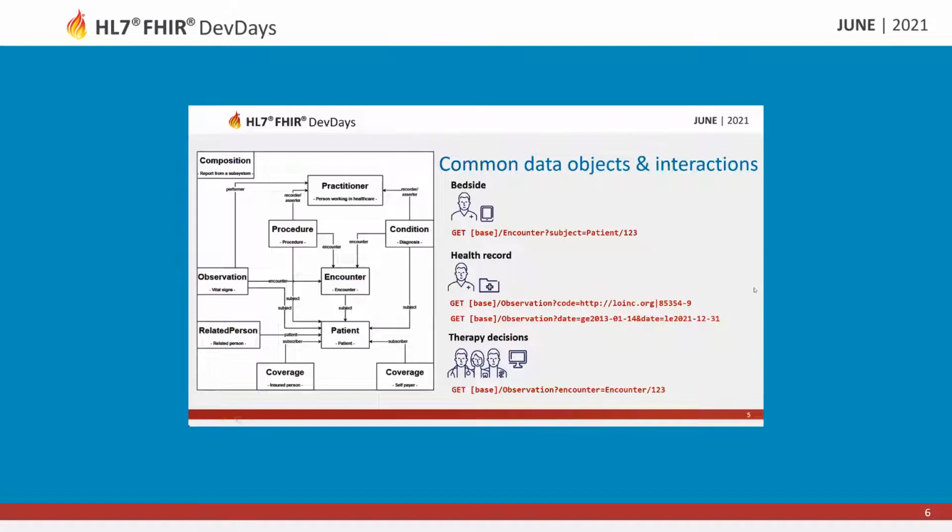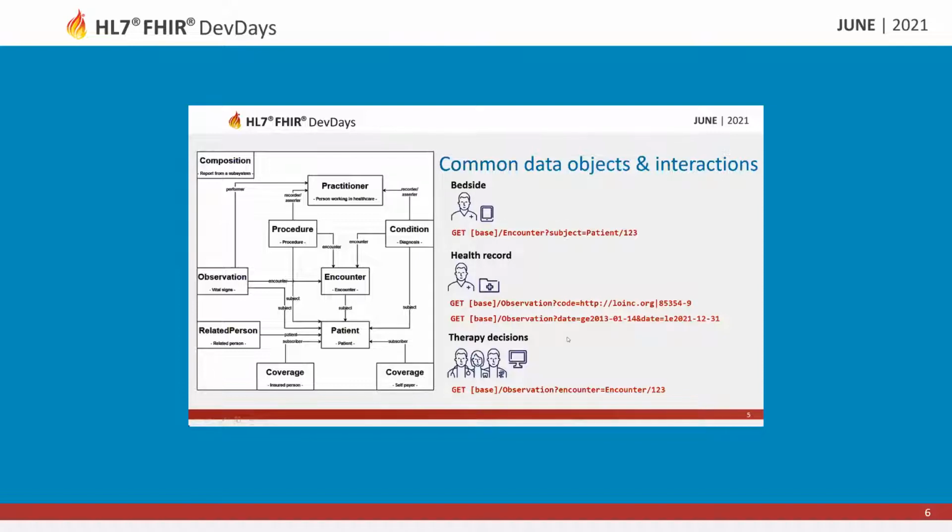So coming back to the example from the start, you can see here on the right sample interactions that can be used in the steps that we've seen in the example. For example, at the bedside, an interaction to get the current encounter for a patient can be used.